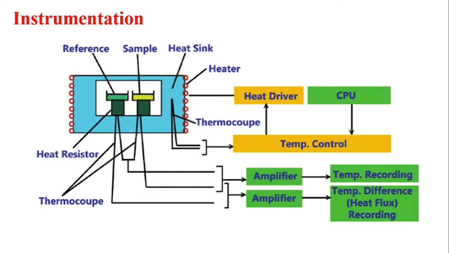DSC consists of a measuring cell which contains a furnace and an integrated sensor that has designated slots for the sample and the reference. The sensor part of the cell is connected to the thermocouple. Now these thermocouples have a role of recording the temperature as well as the temperature difference, which is basically required to calculate the heat flux.